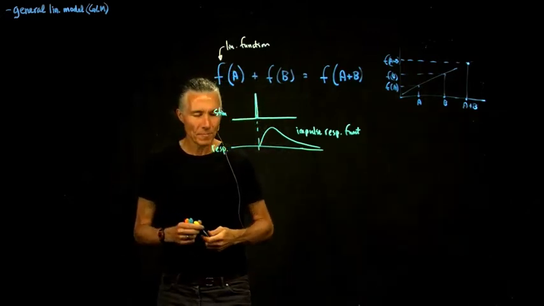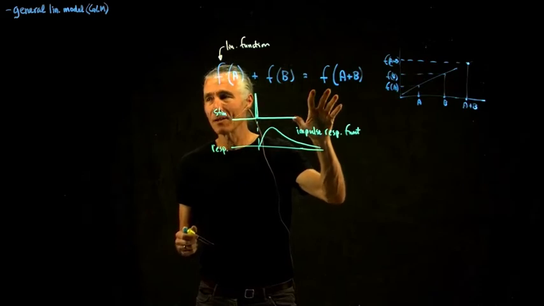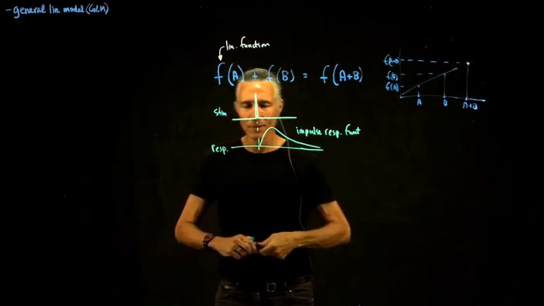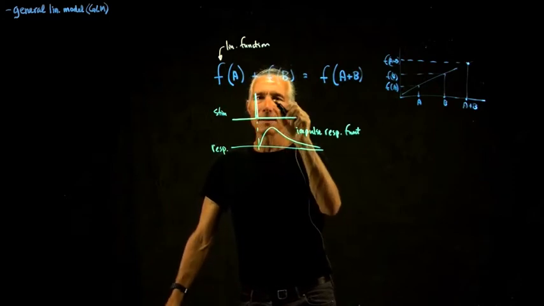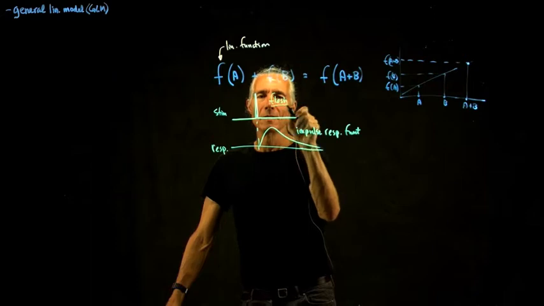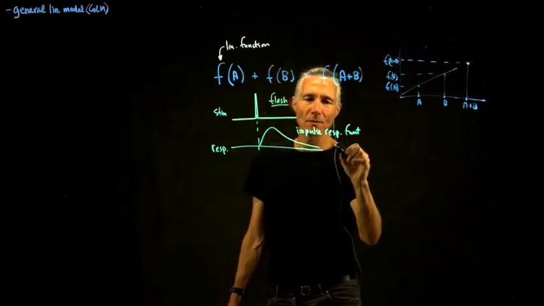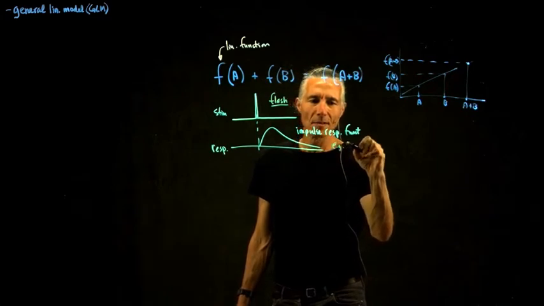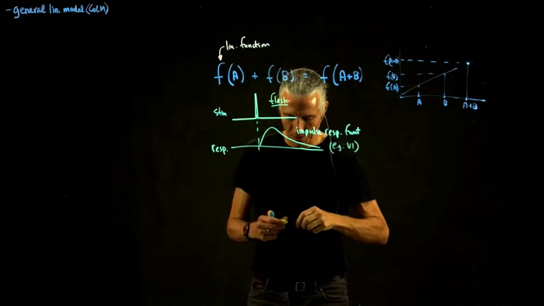So let's do this kind of linearity test on a very simple case, and this has been done on a very simple case. The very simple case is do a flash. So for instance, this is a flash, and then look at the impulse response in V1.